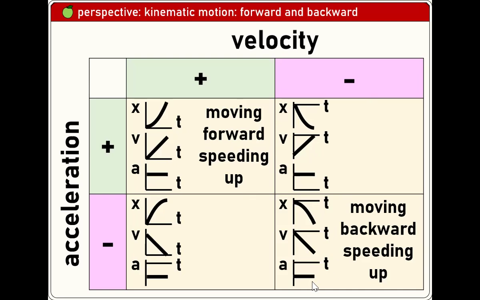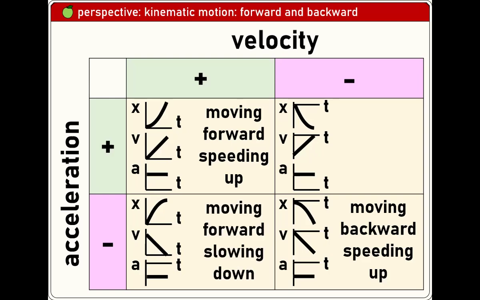Now let's see if the signs mismatch. What would that mean? Let's do this bottom left quadrant. What if you have positive velocity, so I'm moving forward, but also negative acceleration? What do you think that means you're doing? You're moving forward and slowing down.